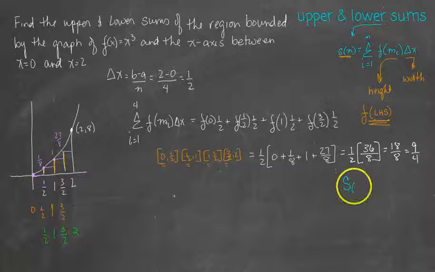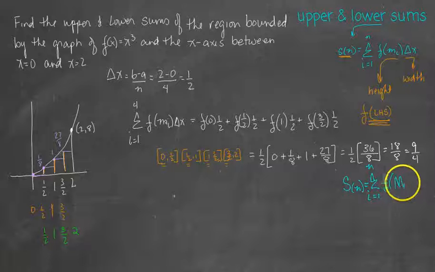Okay, so now we can do uppercase S sub n, and all that is exactly the same thing. The sum from i equals 1 to n of the function of capital M sub i, just meaning the right-hand heights, the right-hand values, times delta x. So when I set this up, I don't have to do as much work as I did the last time.